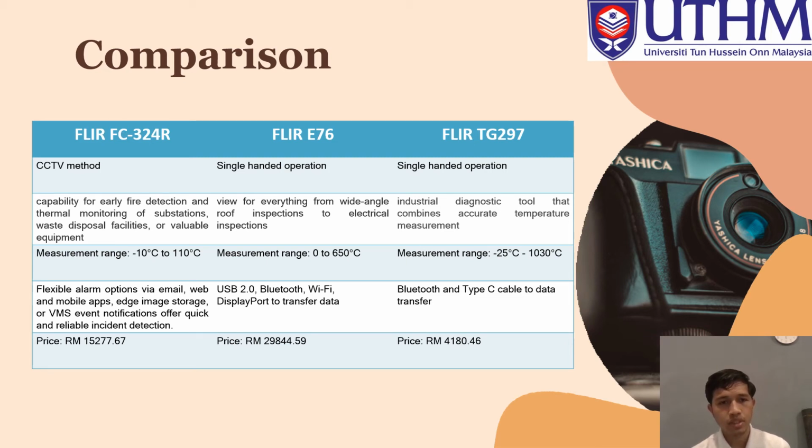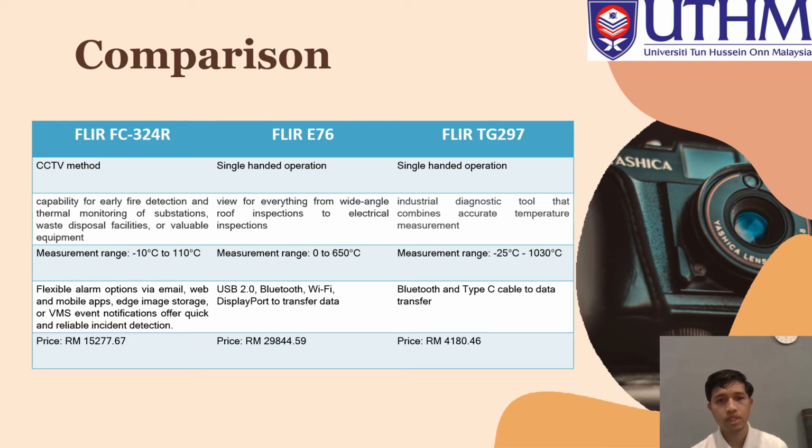For the first, FC324R, this camera uses the CCTV method, and the second, E76, uses single-handed operation, and TG297 also uses single-handed operation. FC324R is capable of early fire detection and thermal monitoring of substations with disposal facilities or valuable equipment.